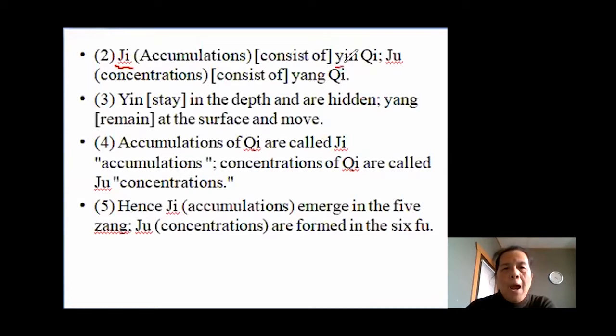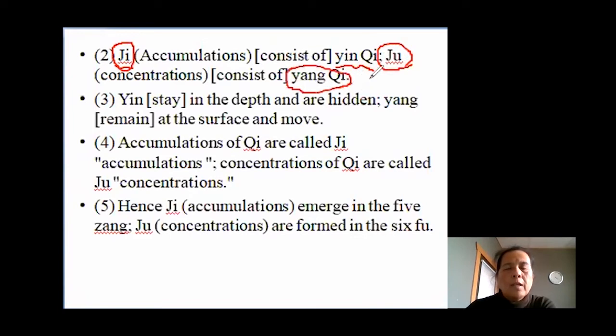In the yin part of the qi, there is accumulation. That's what we call Ji, coming from the yin part of the qi causing the illness. And Ju is the yang part of the qi causing the illness.